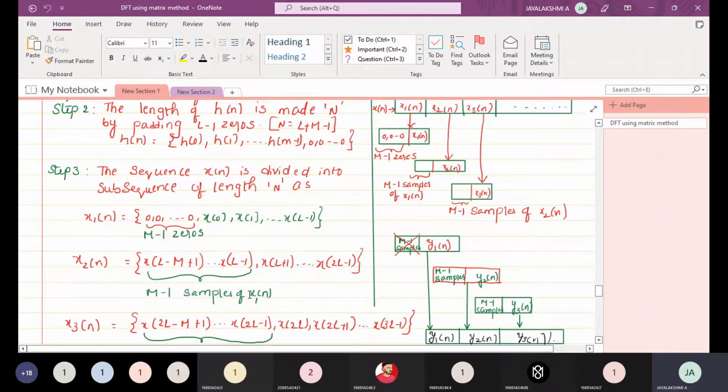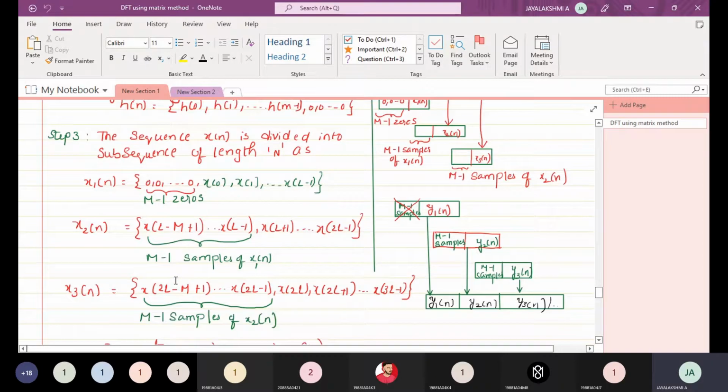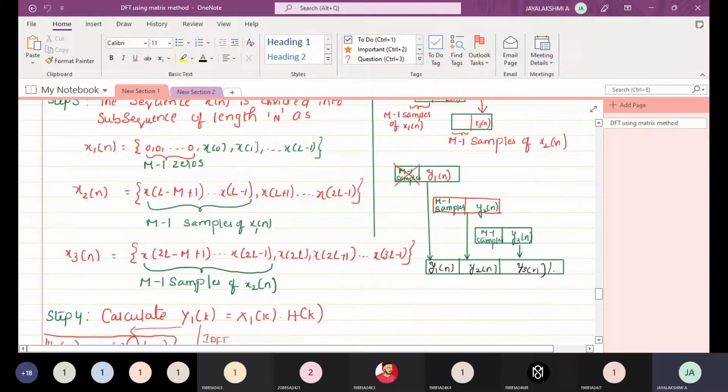Once we do the problem it will be clear to you, but before that you should understand the concept. Next, x3 of n starts with the samples x of 2L minus m plus 1, and so on, repeated up to x of 3L minus 1. This means we add m minus 1 samples of x2 of n in the x3 of n sequence. This is step 3.